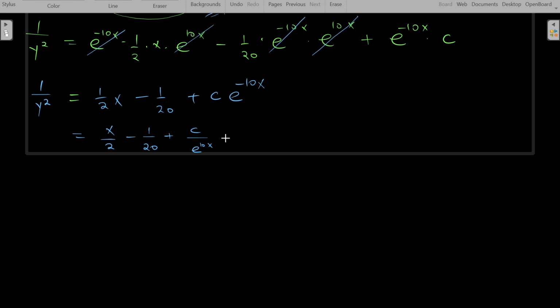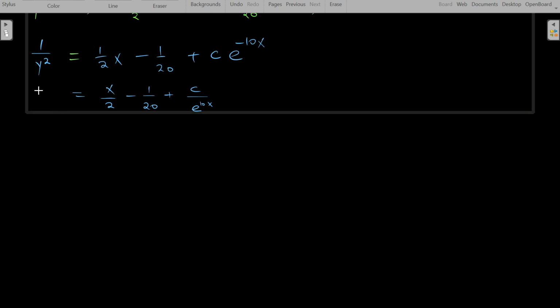So we'll get that as our y squared inverse. For me to get y squared, I'll take the reciprocal of both sides, so I get 2 upon x minus 20, which is over 1, then I'll add that to e raised to 10x divided by c.